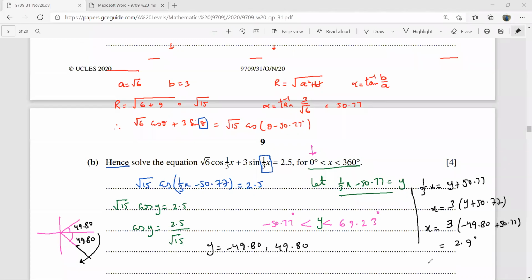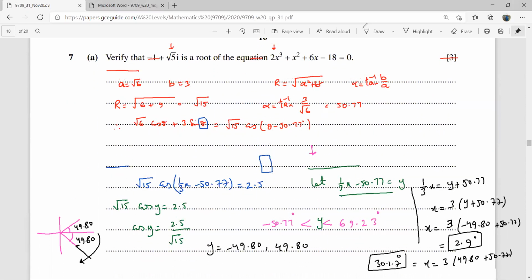Okay, so by replacing the second value of y, which is 49.80, you get what is the second, 300 and? So it's 301.7. So you must keep your final answer correct to one decimal place. So that is the answer to this question. I am going to move on to the next question now.